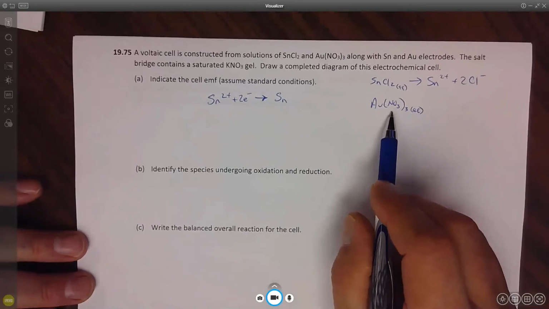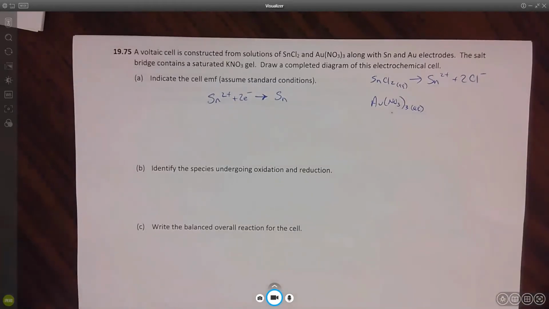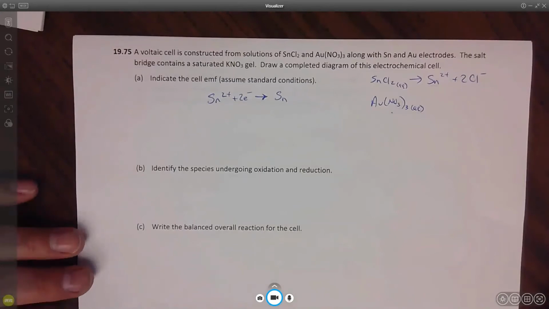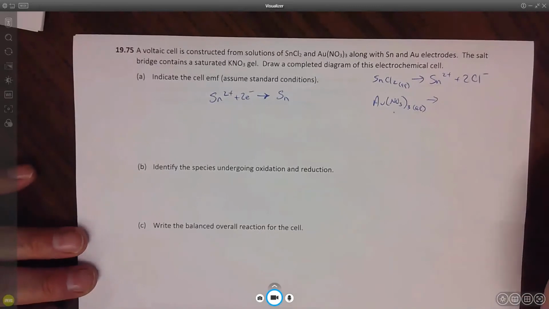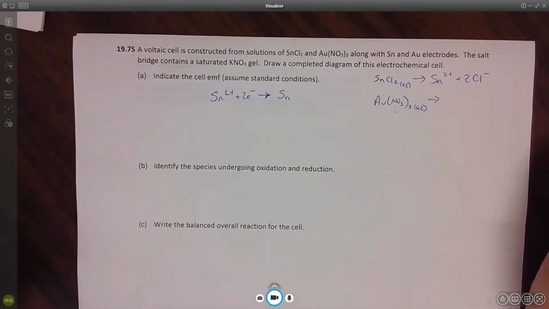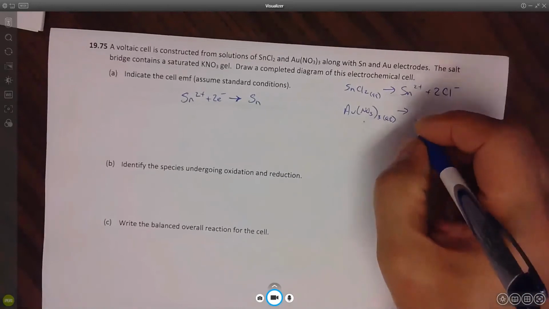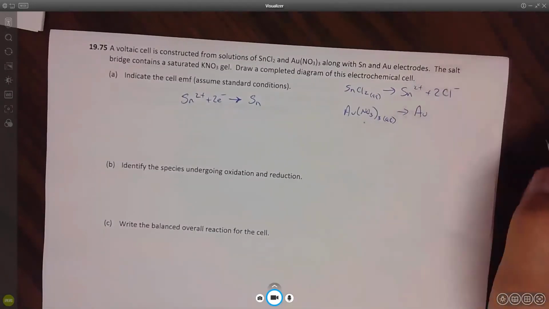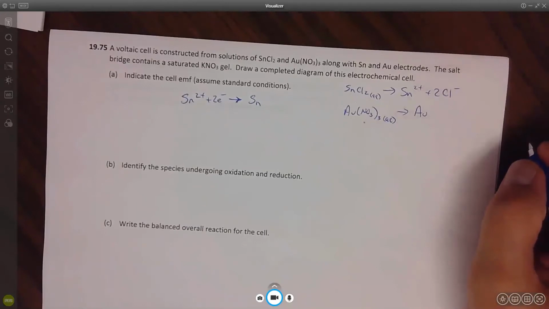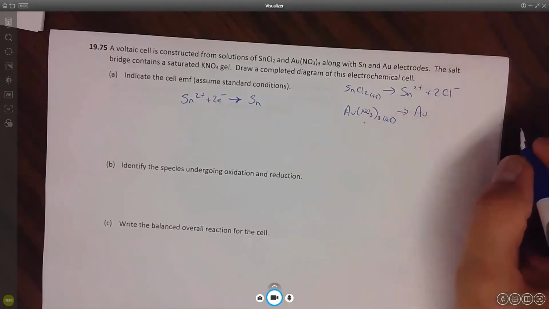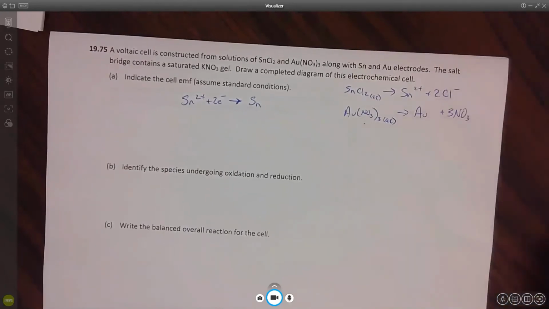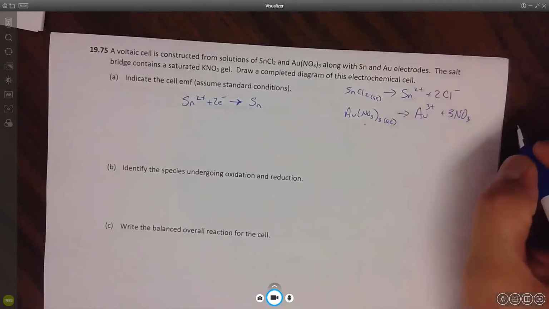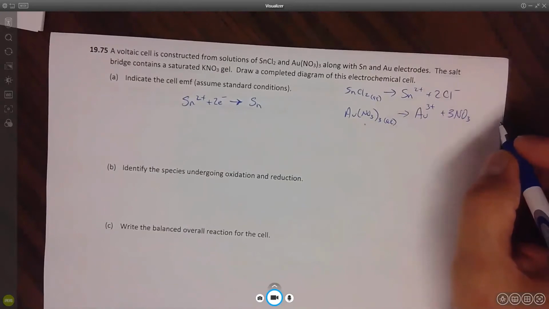Oh, NO3. That's soluble. Yep. So it's going to go to Au plus and 3 NO3 minus. Nope. Is it 3 NO3? Okay. What are the charges? Au is +3, and then a minus on NO3.